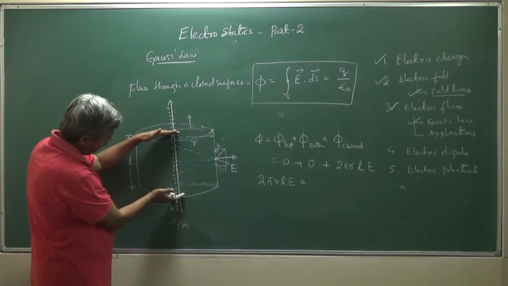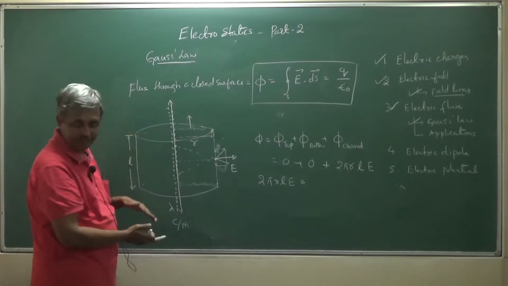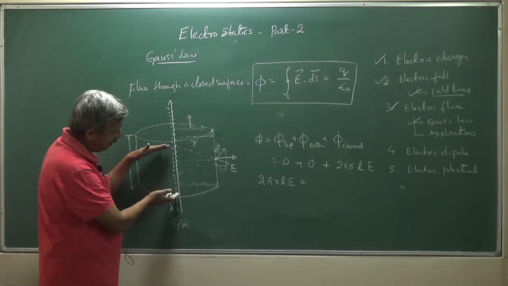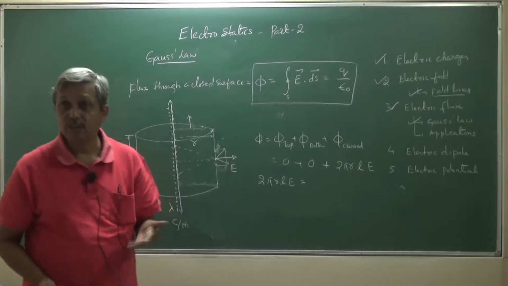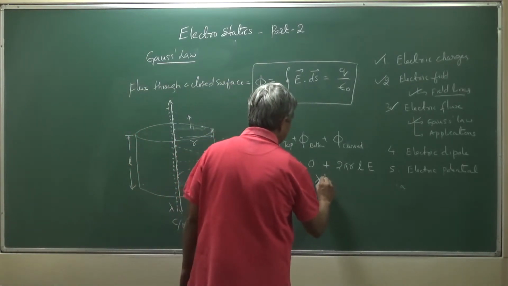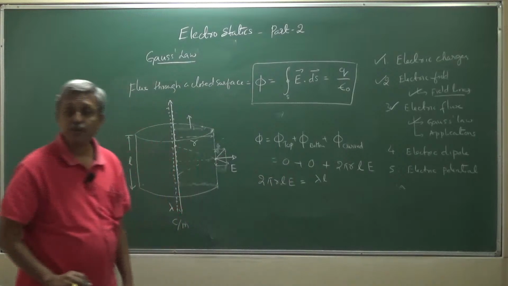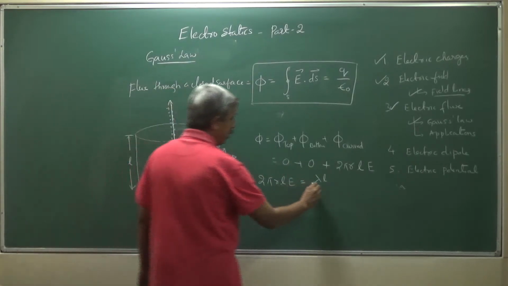The length is L, and it has lambda coulombs per meter. So the linear charge density into length is the total charge. Q is nothing but lambda into L, divided by epsilon naught.